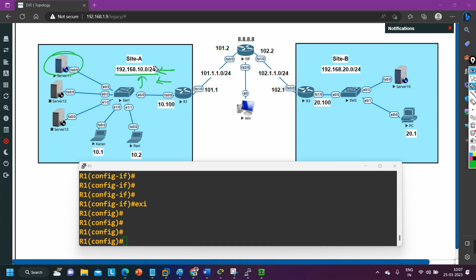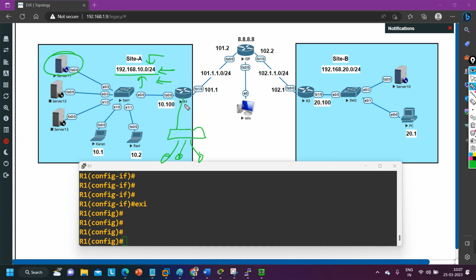It doesn't matter how you define interesting traffic, you just need to define this network ID as interesting traffic. And if there is more than one local area network, suppose this router is also connected with one switch, and here I am also running one network, suppose 192.168.30.0, then for both you need to perform natting.